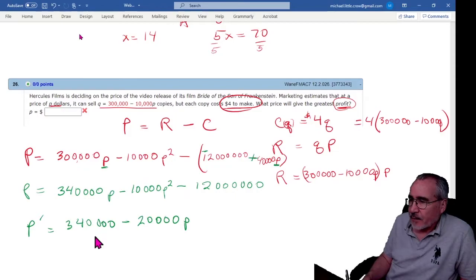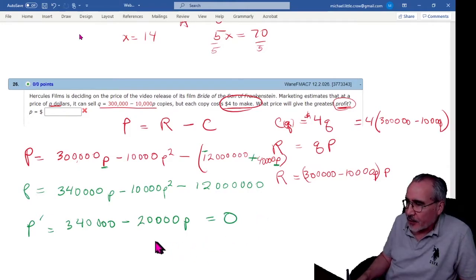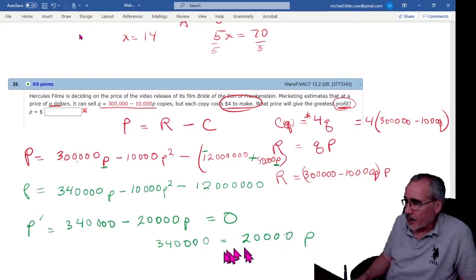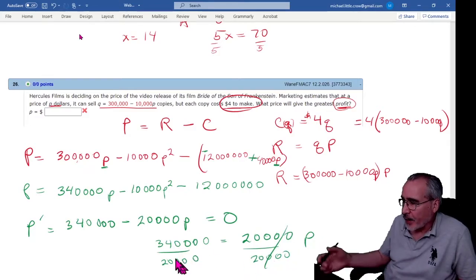So then we set this equal to 0. I'm going to add the P part to both sides, so we get 340,000 equals 20,000 P. Divide both sides by 20,000, and we'll have the price that gives us the maximum profit.